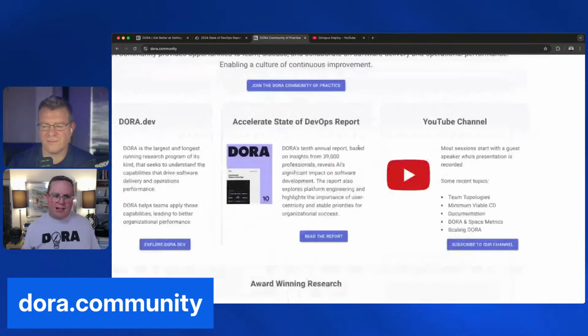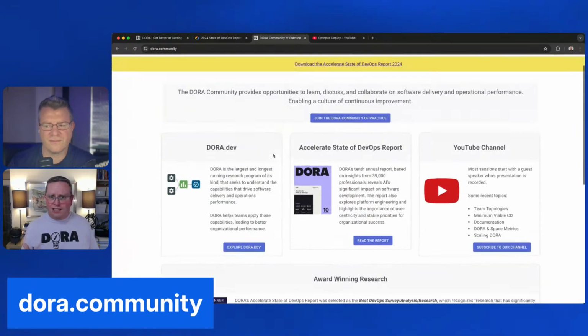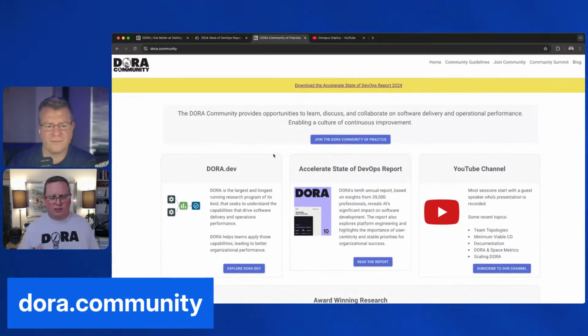It's a very active mailing list where we go very deep on some of these topics. Just recently, there's been a long thread around change lead time. When does that change lead time start? When does it end? There's been another long thread very recently around time to restore service, and MTTR. Is this a valuable metric? Is this a completely ridiculous metric? Where's the truth? And digging into that.